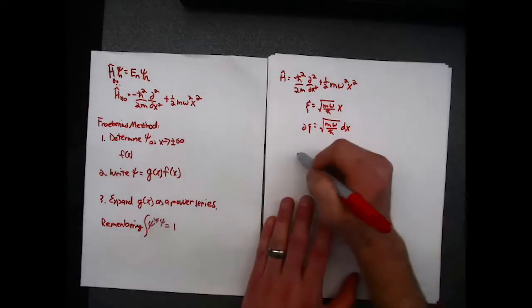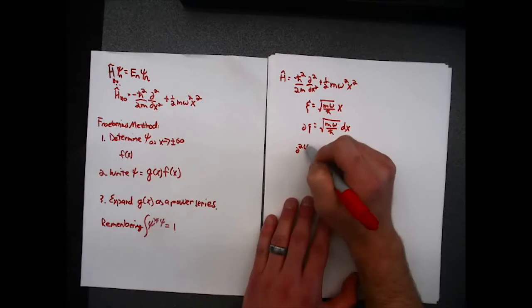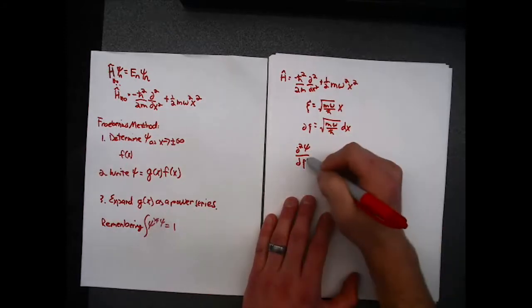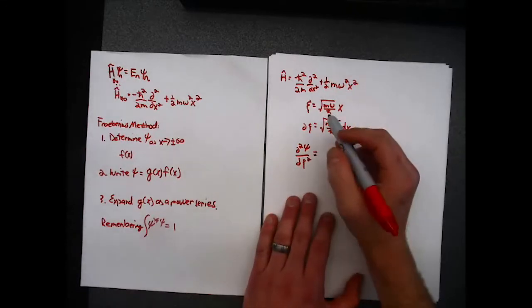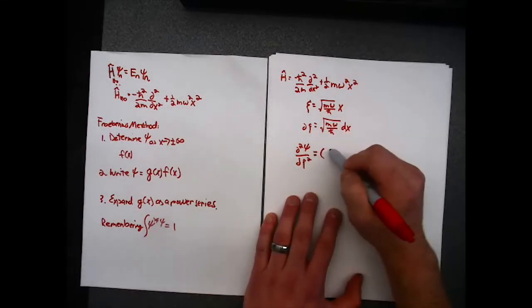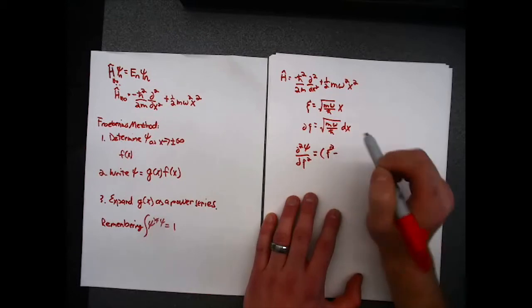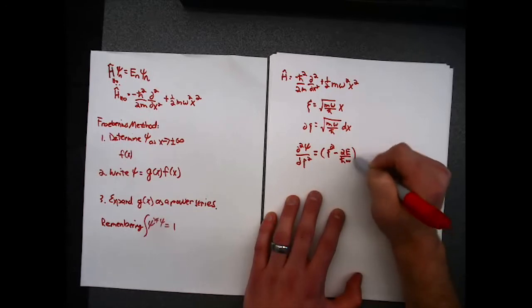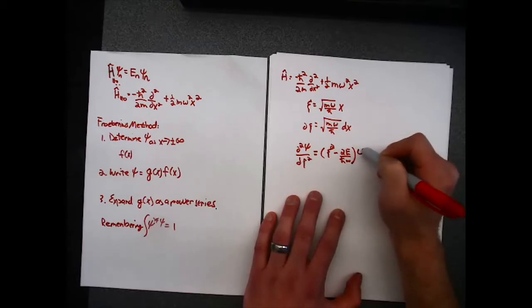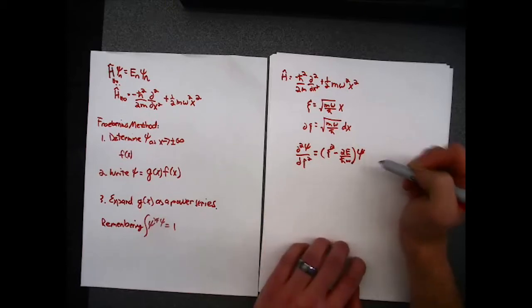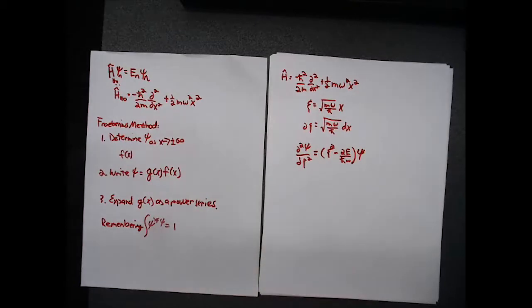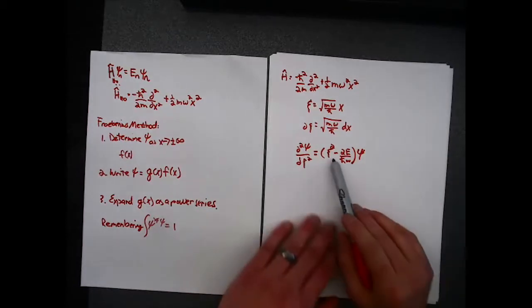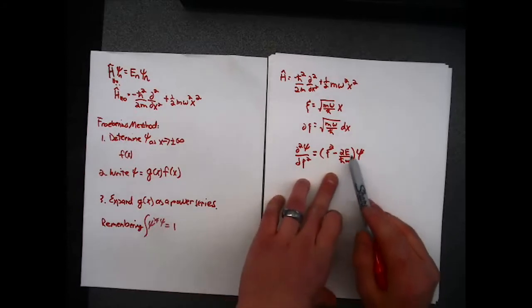So the second derivative of psi with respect to ξ squared ends up being equal to ξ squared minus 2E over h bar omega times psi. Alright, so we have the second derivative is equal to a function of ξ squared minus some constant times the wave function.